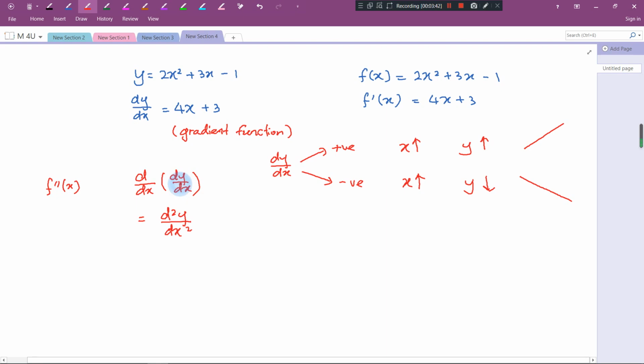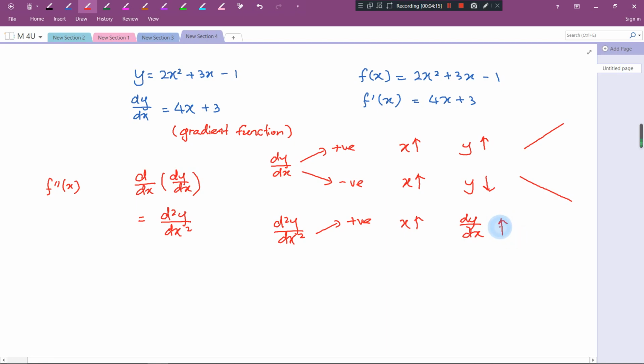Since we are differentiating dy by dx with respect to x, it tells us how the value of dy by dx changes with respect to x. For d2y by dx squared, if we get positive, it means that when the value of x increases, the value of dy by dx increases as well.